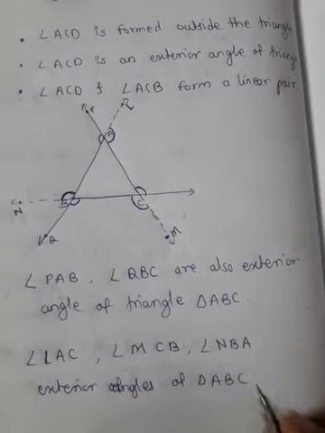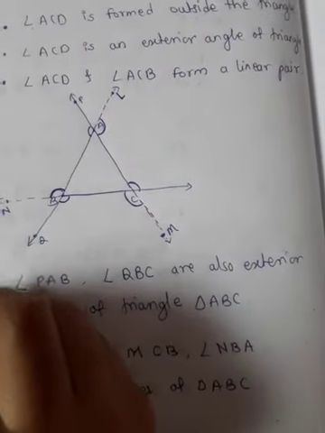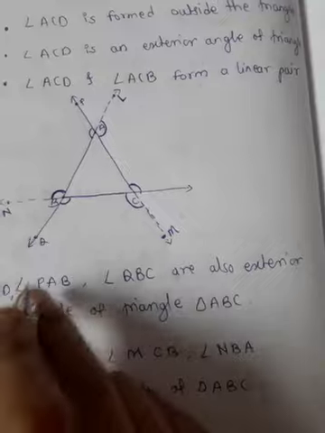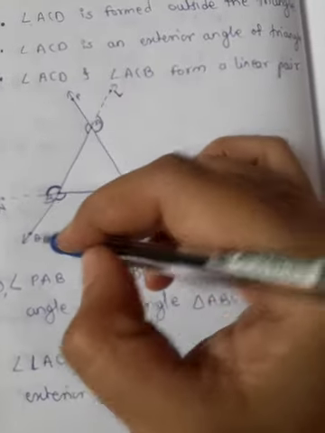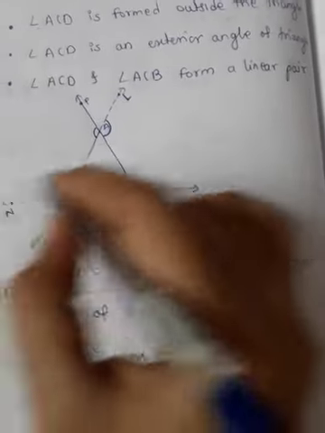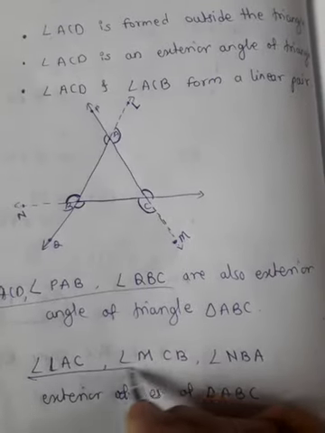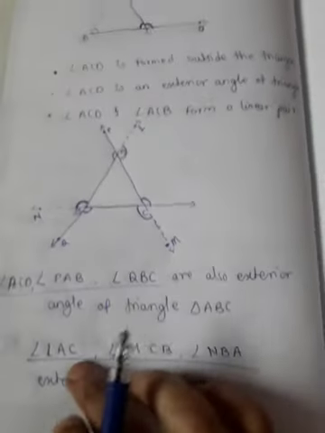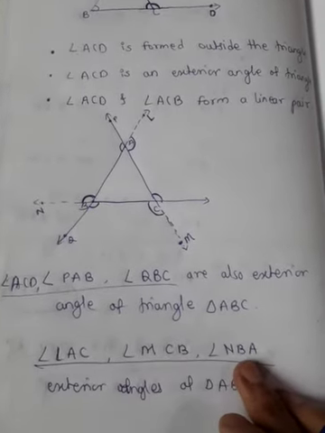So in total how many angles do we have? Angle ACD, angle PAB, and angle QBC, these three. And if we extend the sides in the other direction, we get three more angles: angle LAC, angle MCB, and angle NBA.